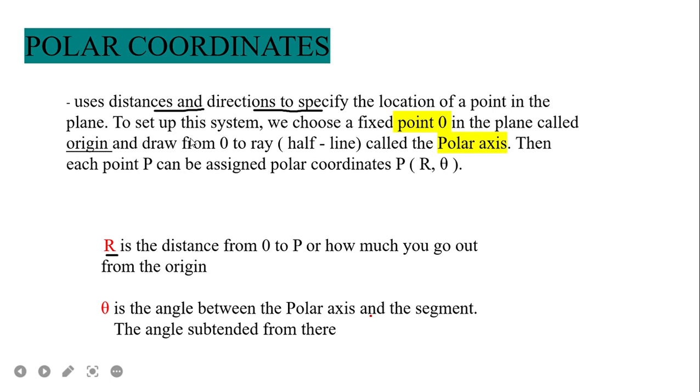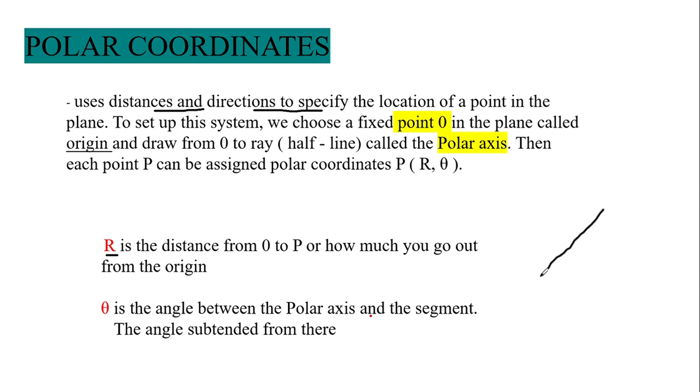To set up this system, we choose a fixed point O in the plane called the origin and draw from O a ray, or half line, called the polar axis. Then each point P can be assigned polar coordinates P contains r and theta, wherein r here is the radius. So for you to understand it better, let's have an illustration.